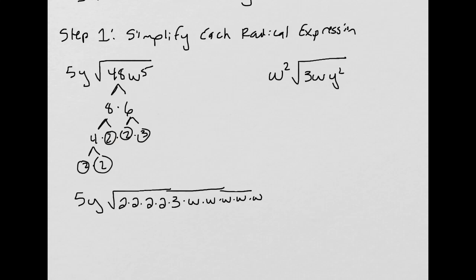When I look at the second term, we'll notice that 3 really can't factor. But I am going to write this y squared out as y times y. So the second term, when I write it out, is going to be w squared times 3 times w times y times y.